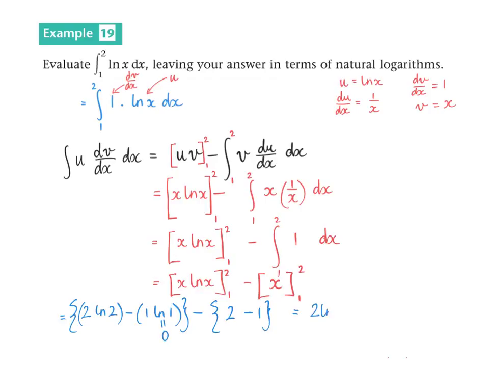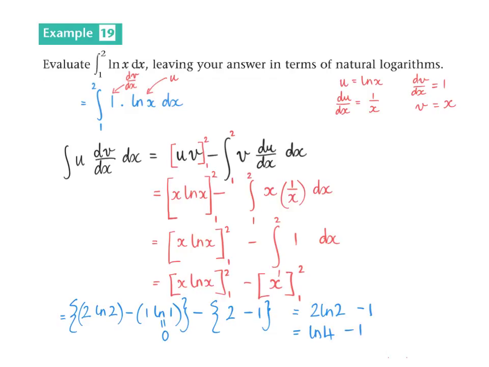So we're left with 2 ln 2 minus 1. We could also write the answer, it might say in terms of natural log 4, so it could be ln 4 minus 1. And that's what we have to do when we have a definite integral.